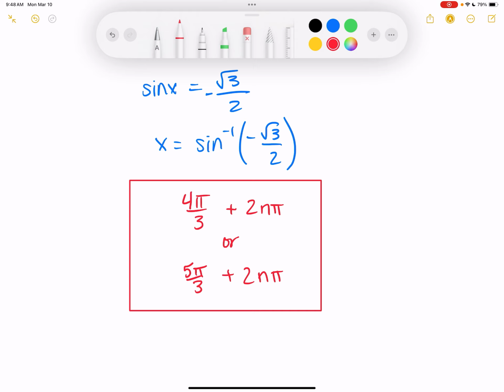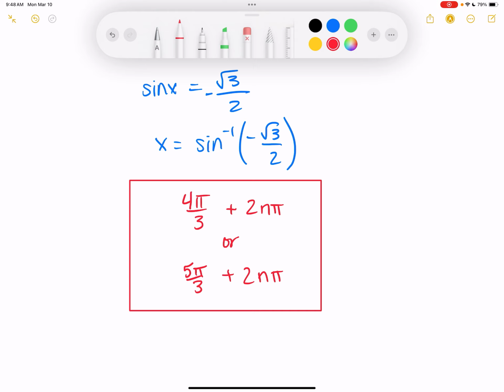So if this wasn't a general solution problem, we would just plug in 4 pi over 3 and 5 pi over 3 just to verify that they both work. Because sometimes one of them, predominantly if something is being squared, may not give you the right answer.